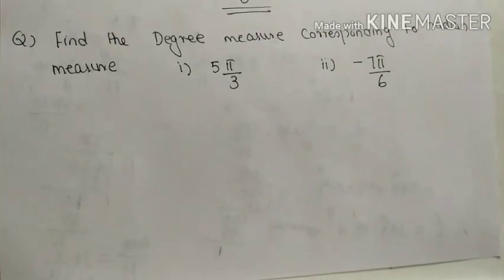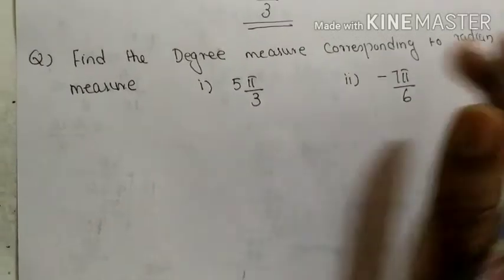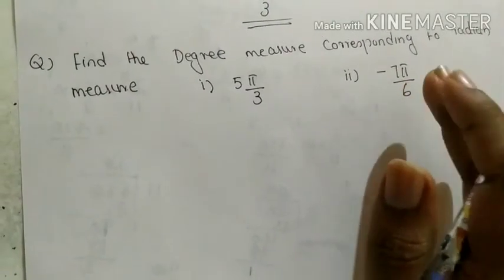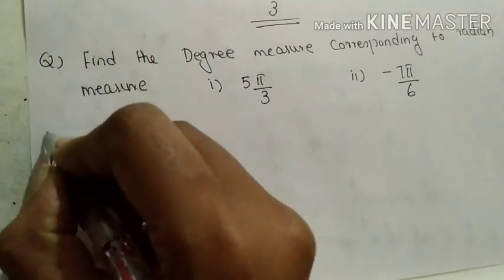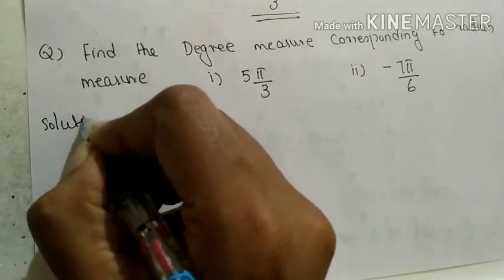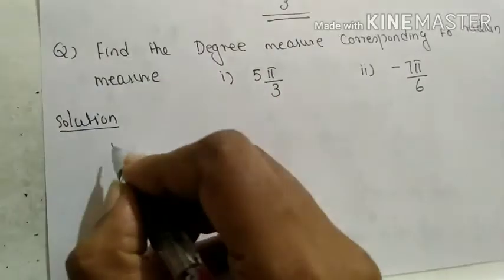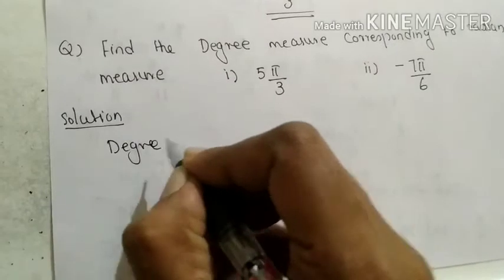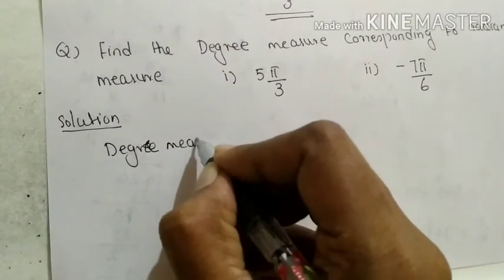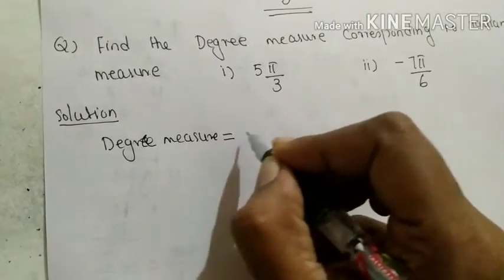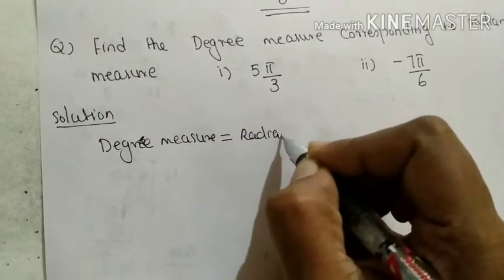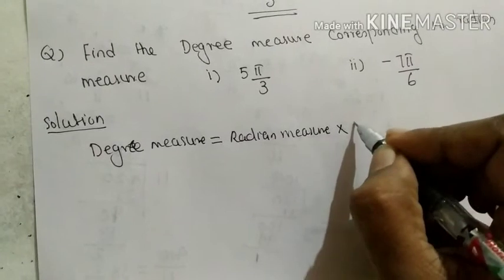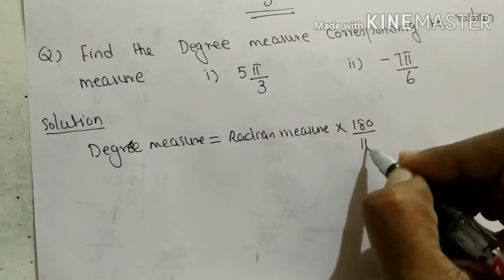This is our next question. Find the degree measure corresponding to radian measure. First question is 5 pi by 3 and second question is minus 7 pi by 6. So let's start the solution of this question. And we know that degree measure is equal to radian measure into 180 by pi.